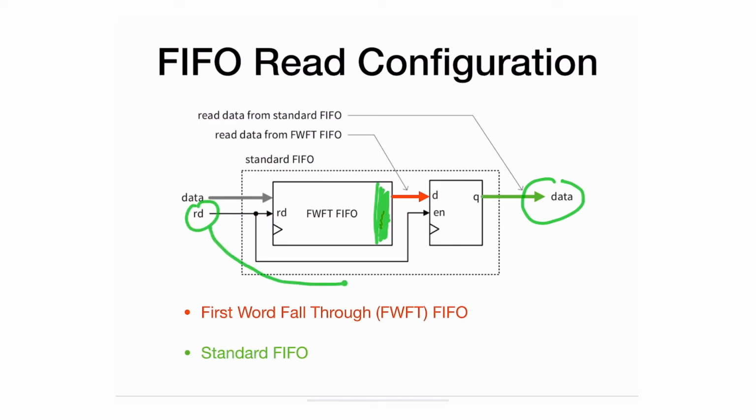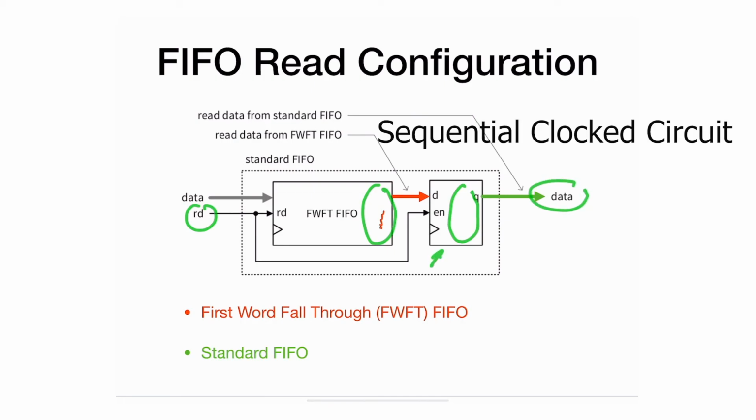What the read command does is, during the next clock cycle, it will store the word in this particular register, and the output of the register will be available at that point. So the purpose of the read signal is to take the value from the head and put it in that register, and I will only read the output with the clock, because the register is a sequential clocked signal.